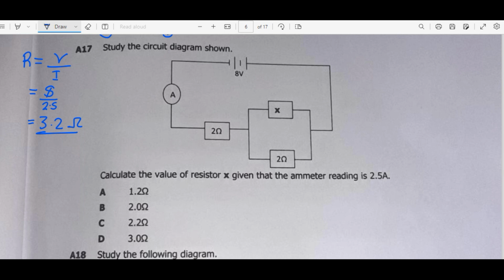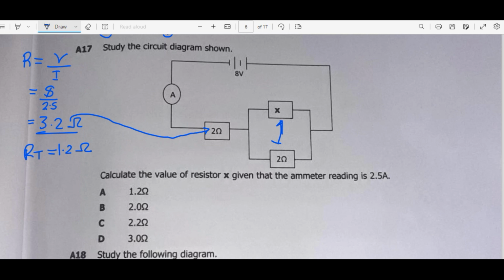From this 3.2 ohms, we are going to subtract the one which was in series. 3.2 minus 2. We have the total resistance for these two in parallel of the value 1.2 ohms.